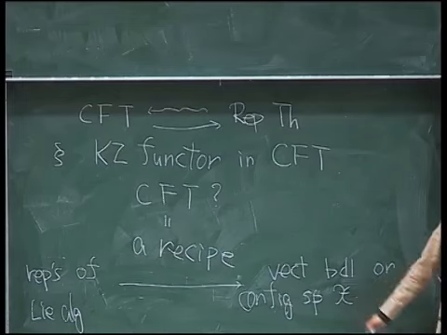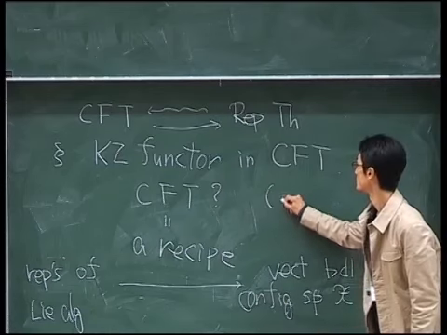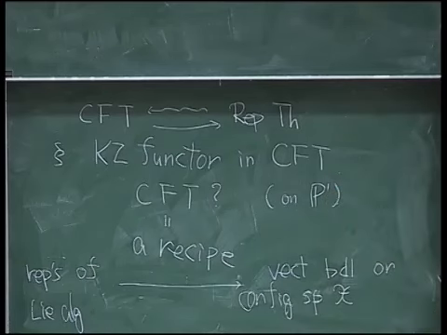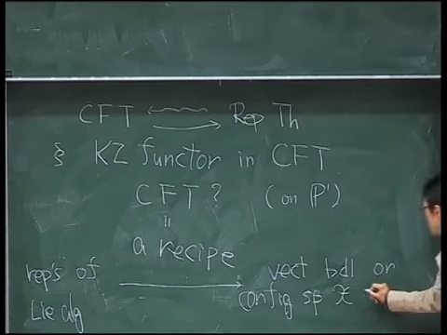I denote by X the configuration space of points, in general on a Riemann surface, but we just concern CFT on P1, so the configuration space of points on P1, with integrable connection.